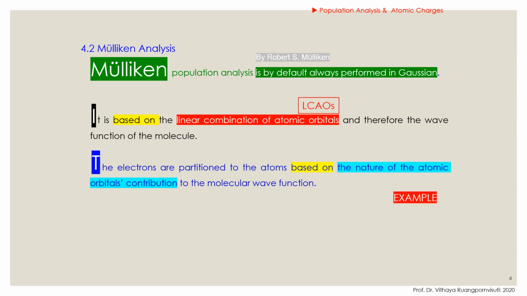The electrons are partitioned to the atoms based on the nature of the atomic orbitals contribution to the molecular wave function.